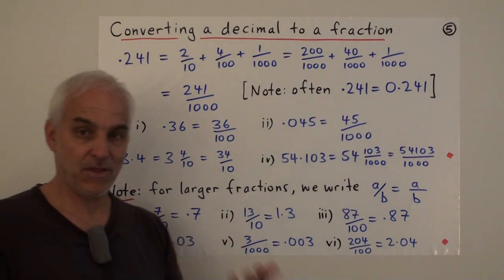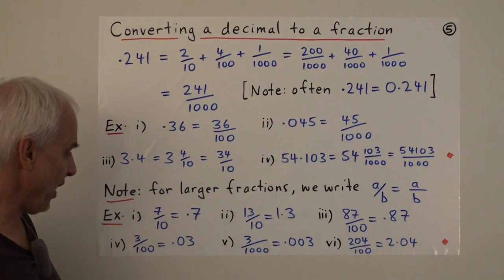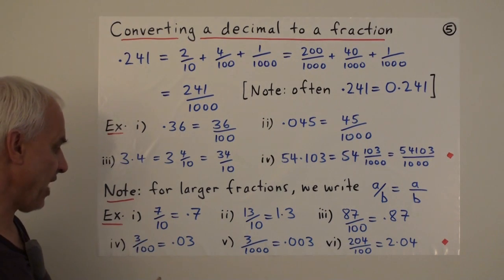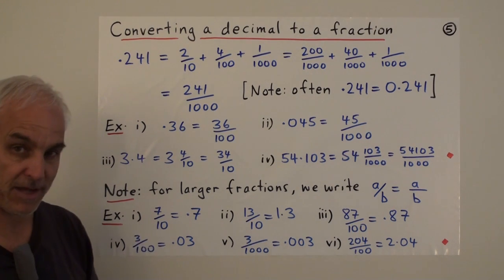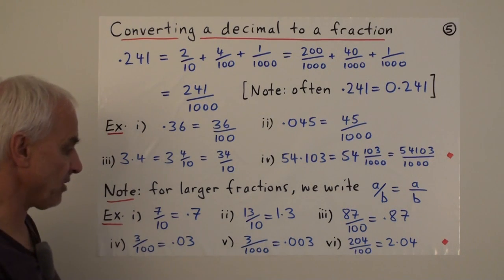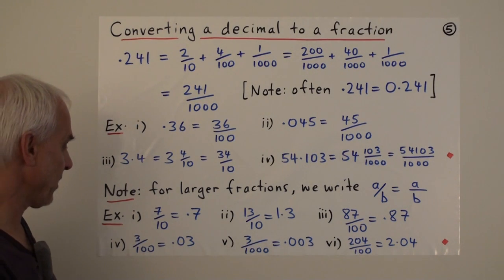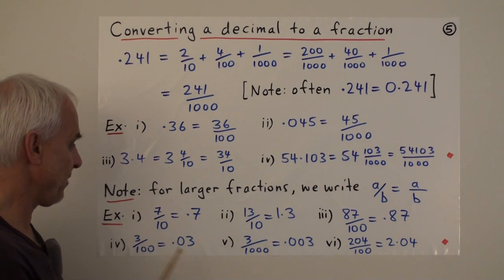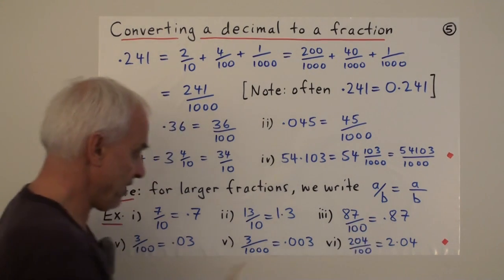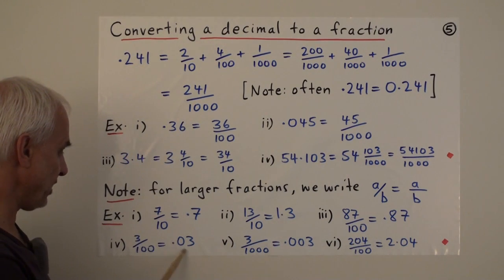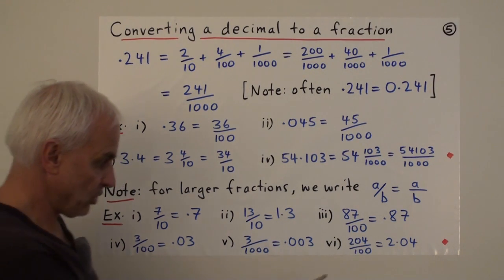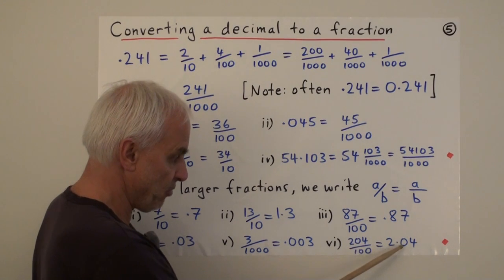Here are some examples of going the other way, where we start with a fraction and we go to a decimal. We're not in a position to do that very generally, so we have to choose the fractions rather carefully at this stage to do that. So these fractions are all ones whose denominators are 10 or 100 or 1000. So 7 over 10 is 0.7, 13 over 10 is 1.3, 87 over 100 is 0.87, 3 over 100 is 0.03, 3 over 1000 is 0.003, and 204 over 100 is 2.04.